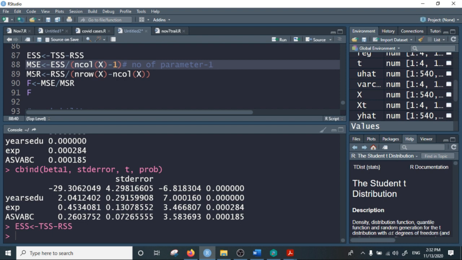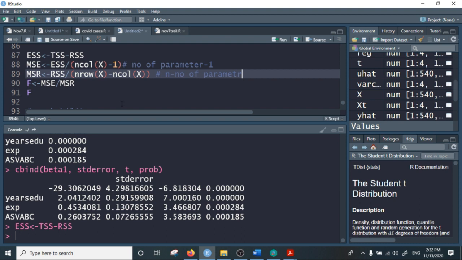So the mean sum square of unexplained variation is simply given by the unexplained variation divided by its degree of freedom. Its degree of freedom is simply the number of observations minus number of parameters. In our case, the number of observations is 540 minus number of parameters 4, so this is 536.